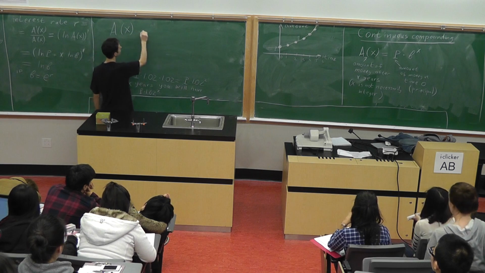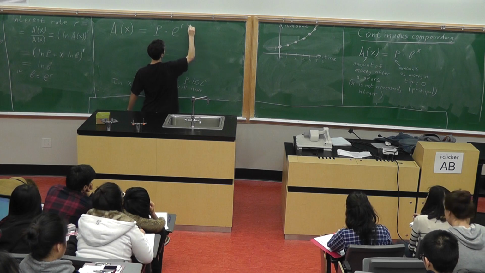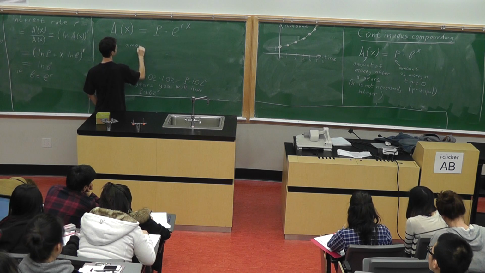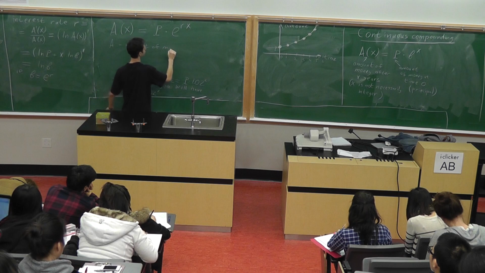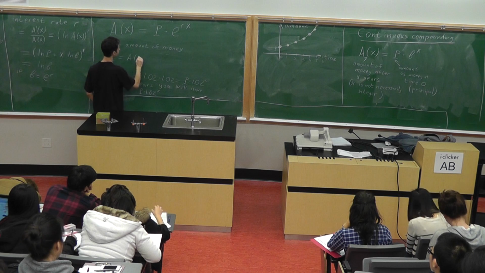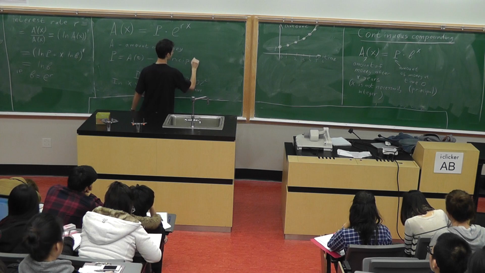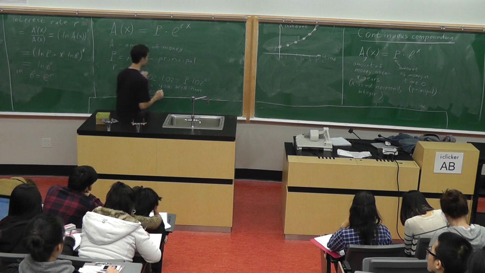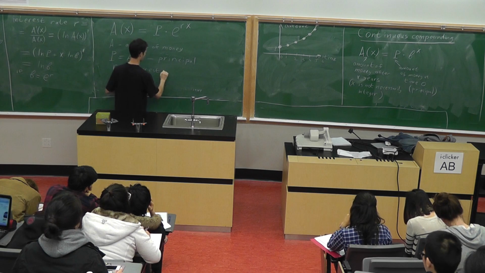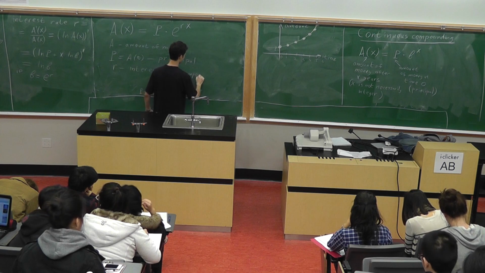The amount of money is the principal times e to the power rx, where A is the amount of money, A of 0 is the principal, and r is the interest rate, which is compounded continuously.